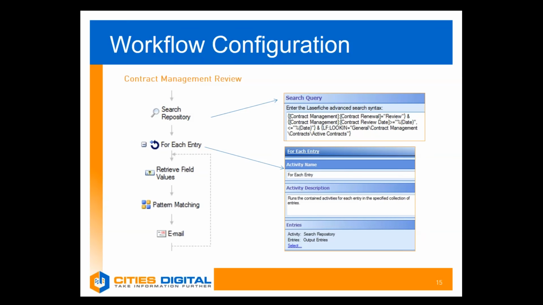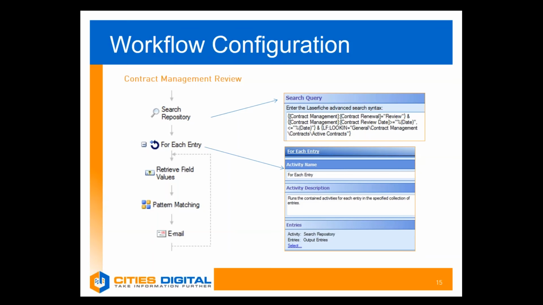And then the contract management review that would follow would, of course, run usually on a cyclical basis, maybe weekly or nightly, and look for each contract that has met its review date and send out notifications based on anything that was coming up for review.